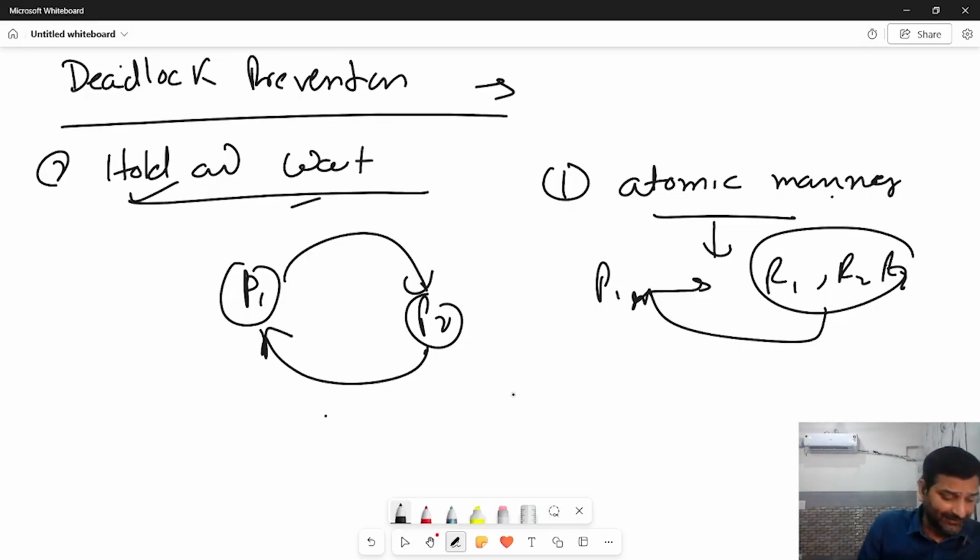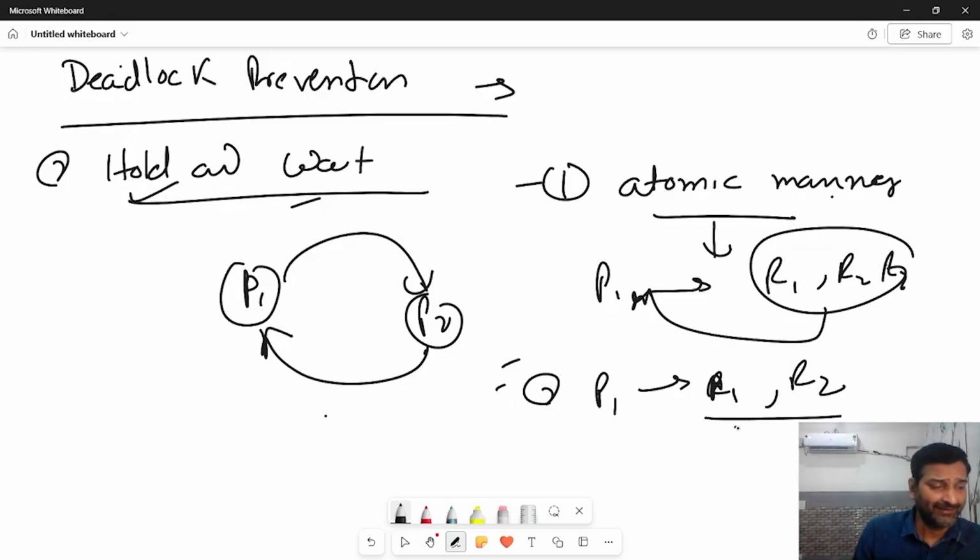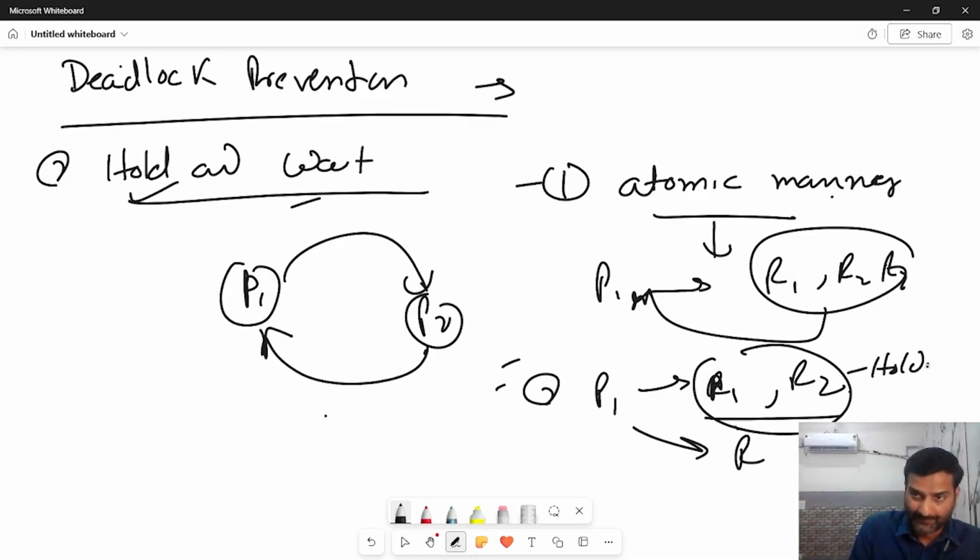The second approach, basically, there are two approaches we use. Suppose P1 is holding resources R1 and R2, and it also needs some resource R3.